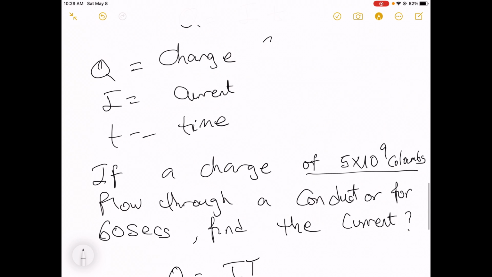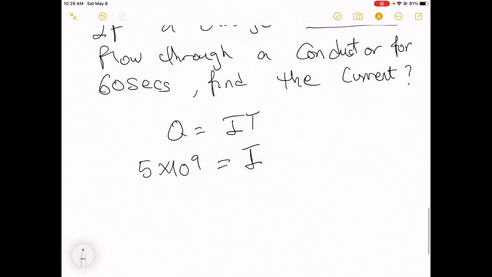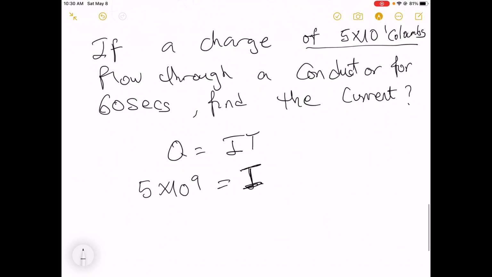Let me write the SI unit for this. Q is in coulombs, I is in ampere, which is A, and T is in seconds, which can be written as S. Our time is 60.